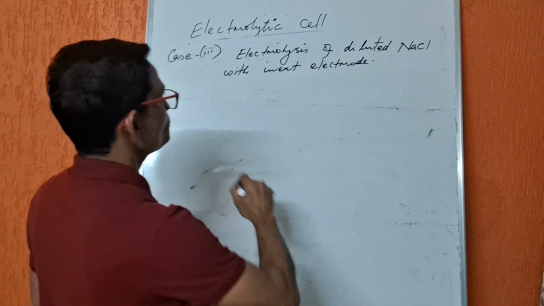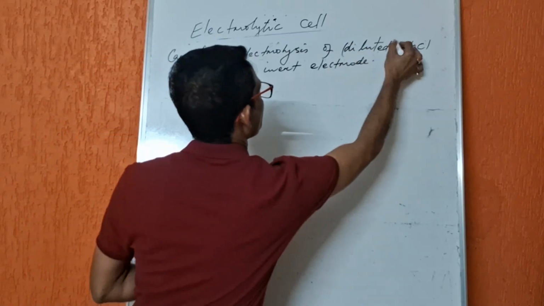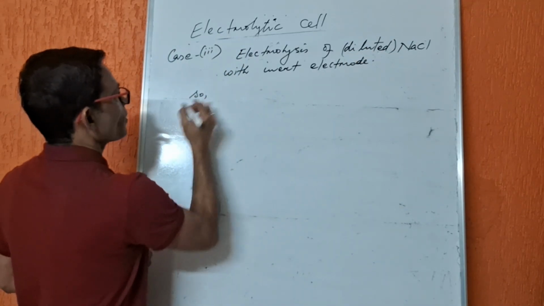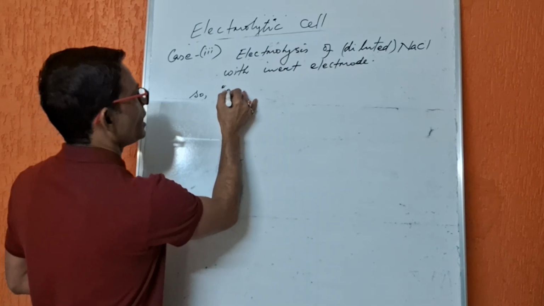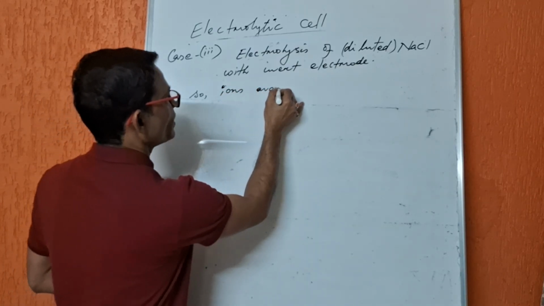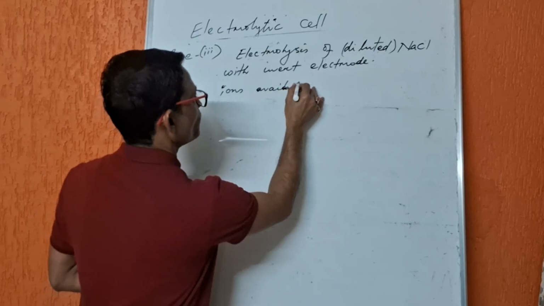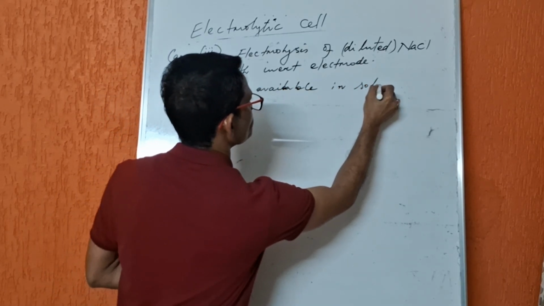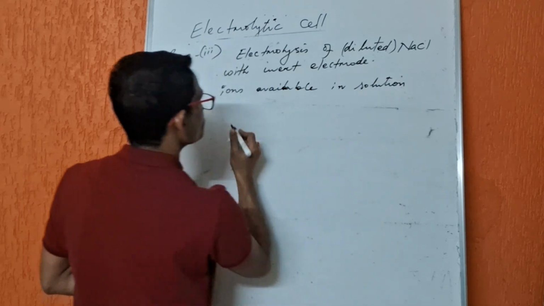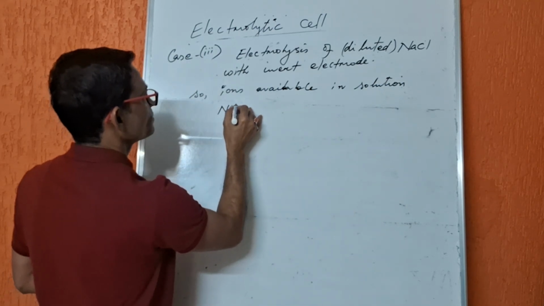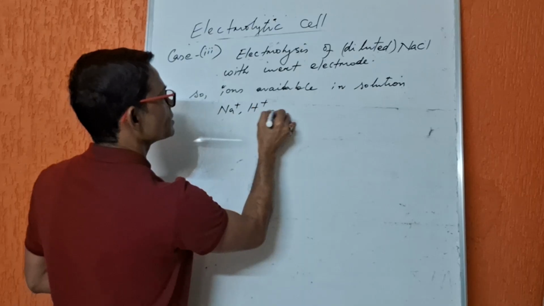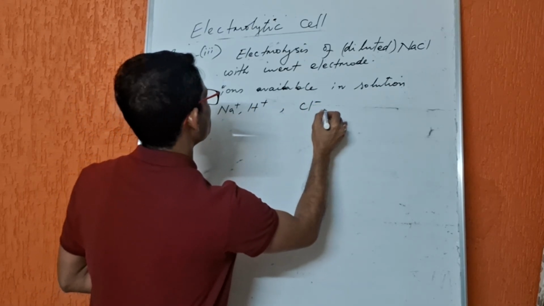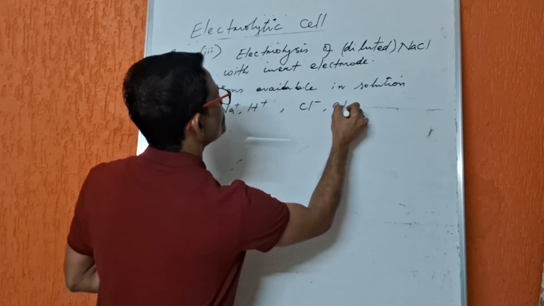So sodium chloride is diluted, and the ions available in solution are Na plus, H plus, Cl minus, OH minus.